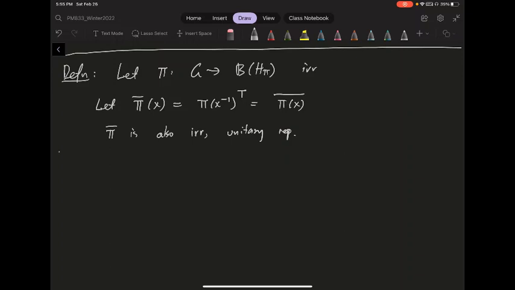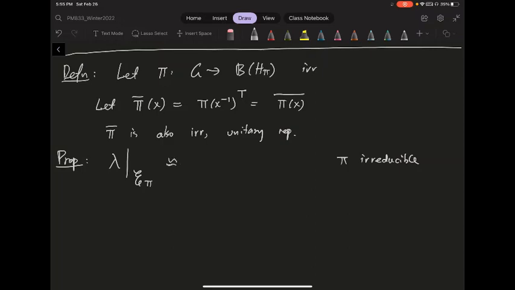But I want to prove the following proposition. Consider the left regular representation lambda, and restrict it to this invariant subspace E pi, where pi is an irreducible representation. We know E pi is invariant for lambda, so the restriction gives a finite dimensional representation.